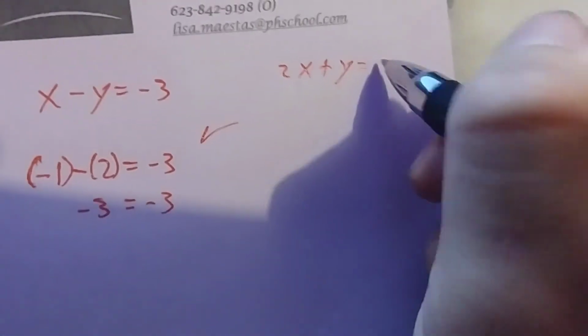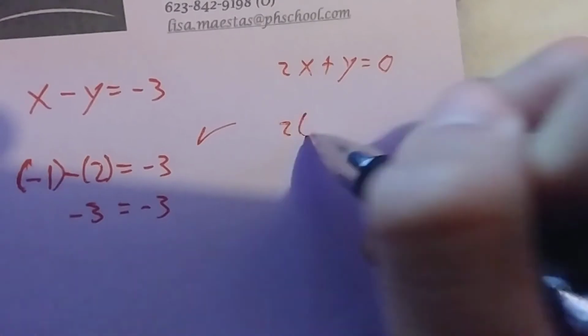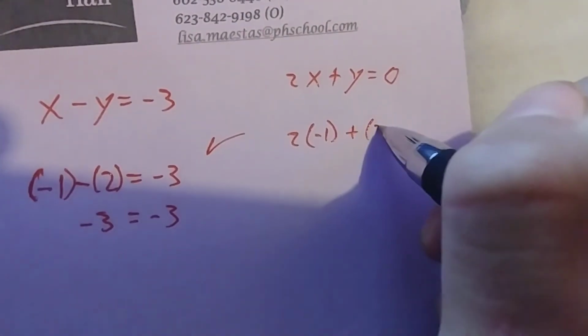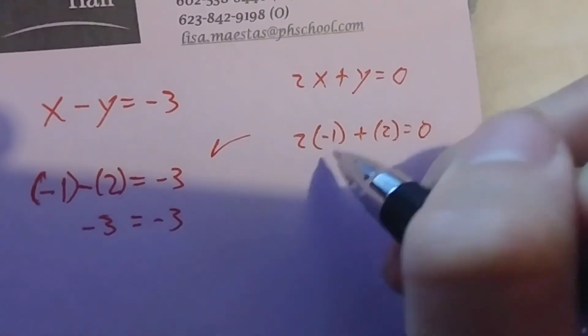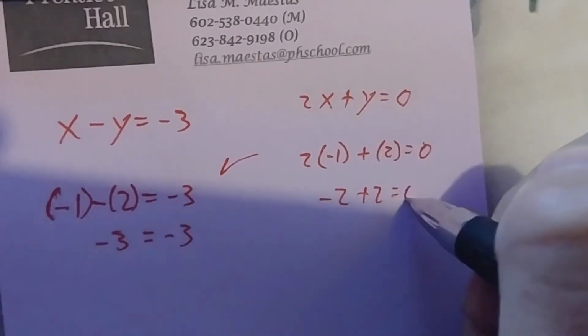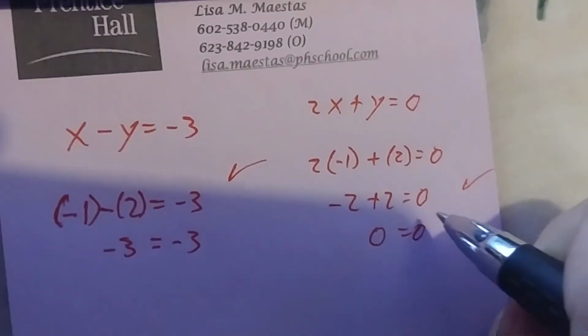Now the other equation was 2x plus y equals 0. Again, the x was -1, and my y value was +2. Let's see, 2 times -1 is -2, plus 2 equals 0. So 0 equals 0. Check.